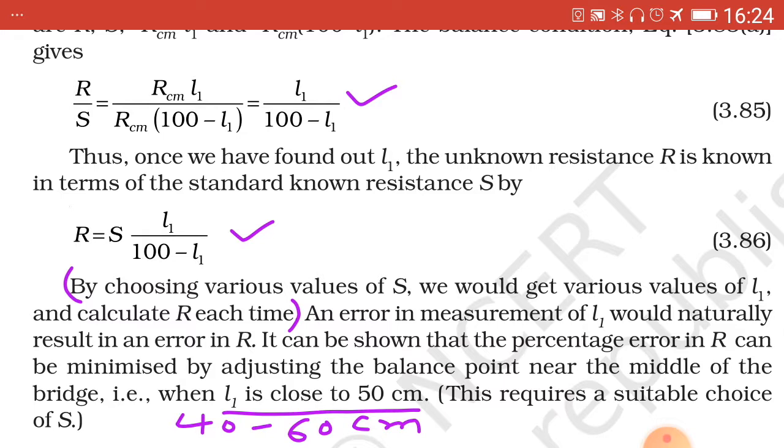And the other limitation of Wheatstone bridge is that it is used for measuring low value of resistance only, not for high value; high value of resistance cannot be found out by this method. So this topic is over.